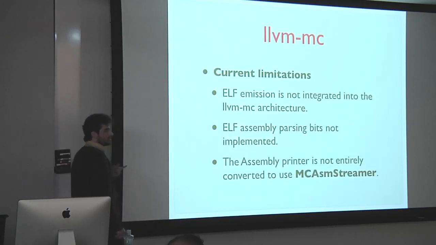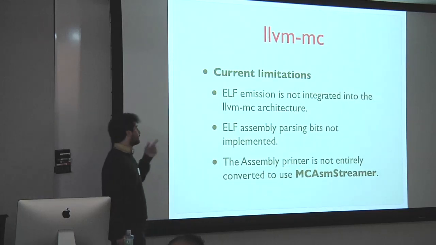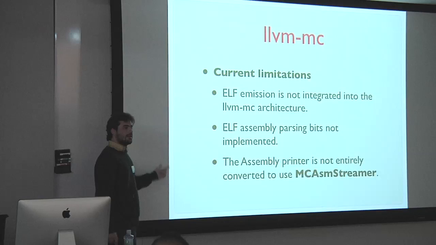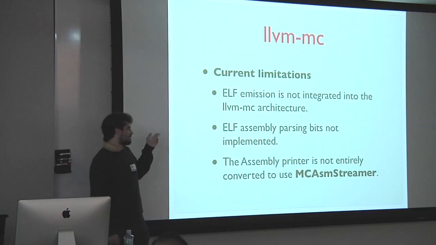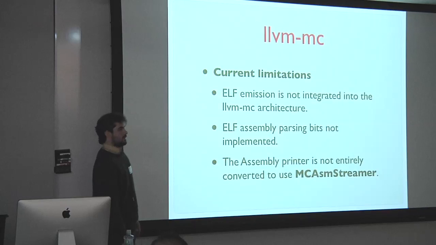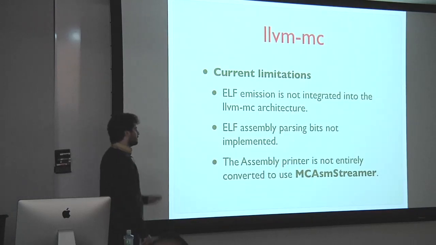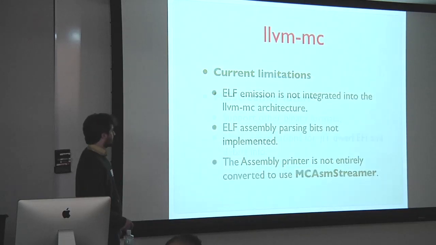So the emission, which was implemented in the scheme I showed earlier, is not integrated into the llvm-mc architecture, and also the specific bits of ELF assembly are not implemented. It should be straightforward to implement those, but they are not there yet. And the assembly printer is not entirely converted to use the MCWriter right now. We just have that for x86, but it's not in the shape we want so far.